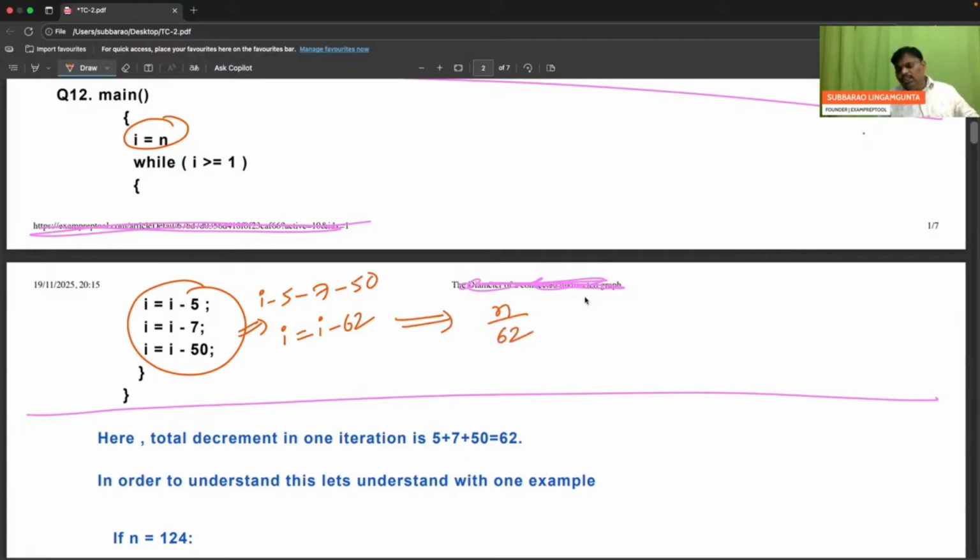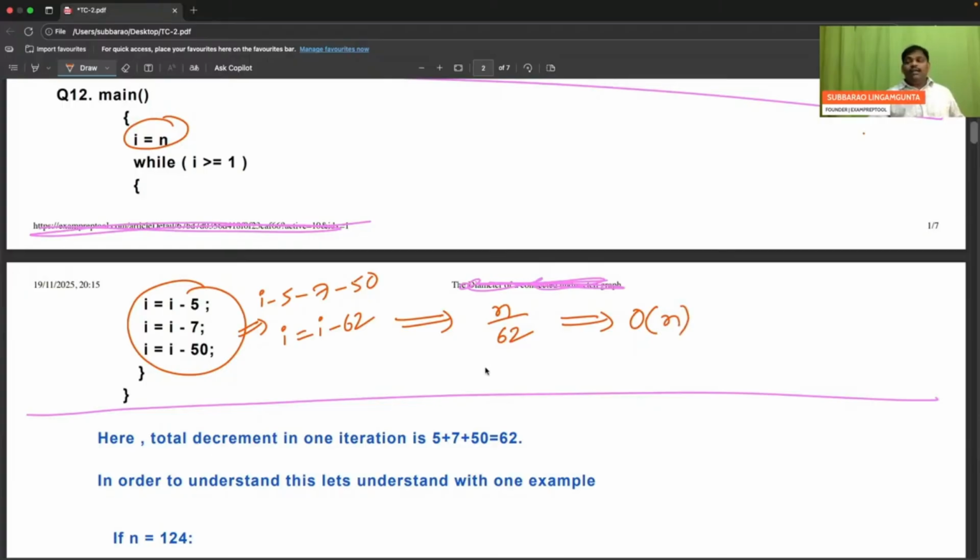Addition, subtraction, both are the same. Addition, start with small, then keep on adding. Subtraction, start from big, then keep on subtracting. If you do I plus 62, n by 62; I minus 62, n by 62. So time complexity is going to be big O of n. Big O of n, omega of n, theta of n, something like that.